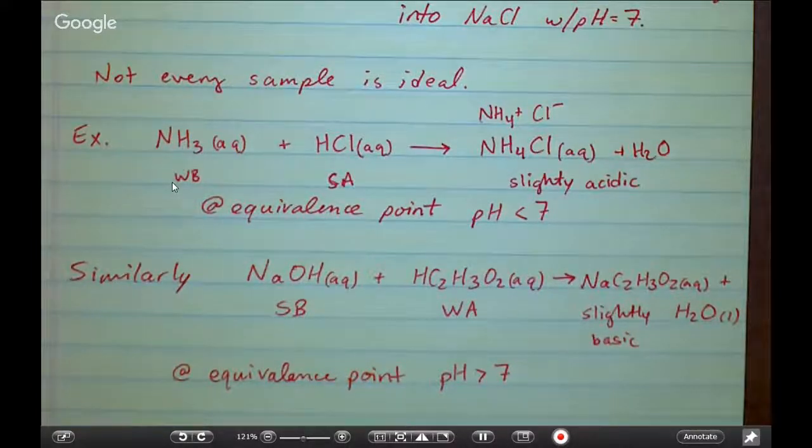I have pictures to show you of that. If they're both weak, the equivalence point we'll see is about 7. Okay. Because they're both weak, the point of inflection on the graph is going to be hard to pinpoint.